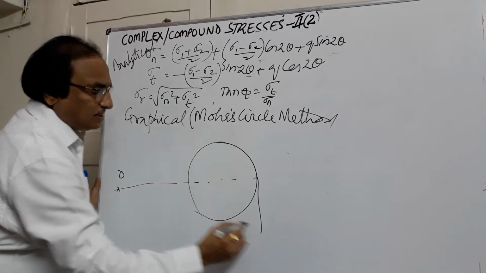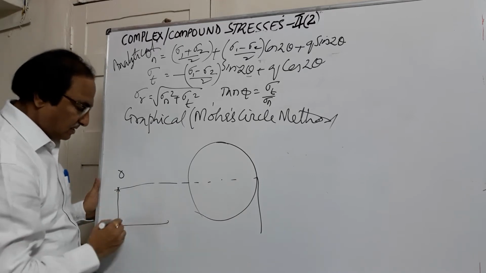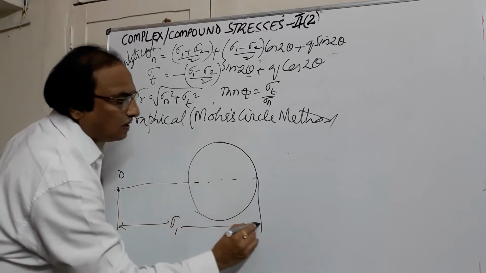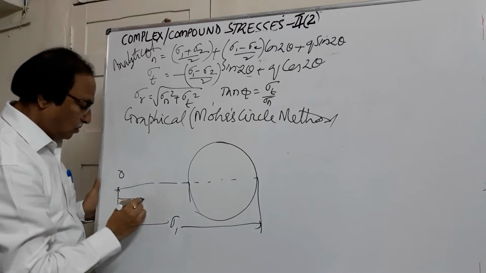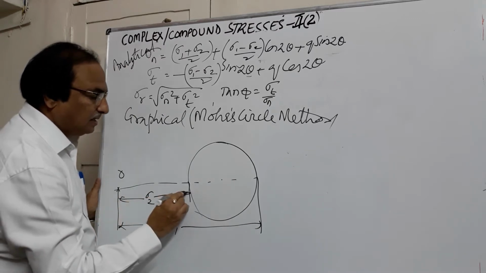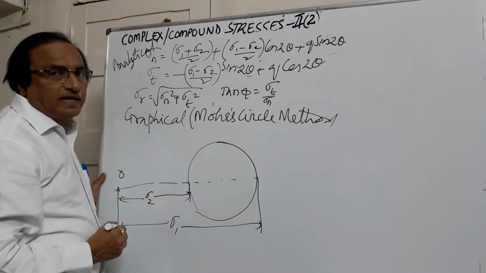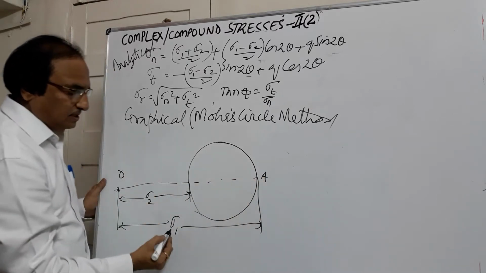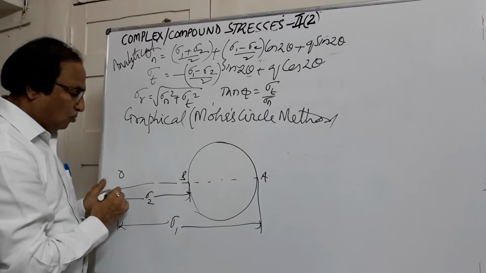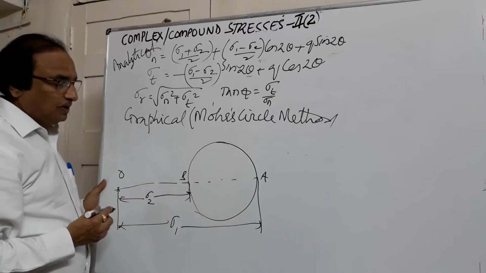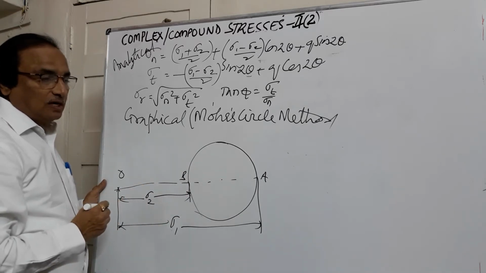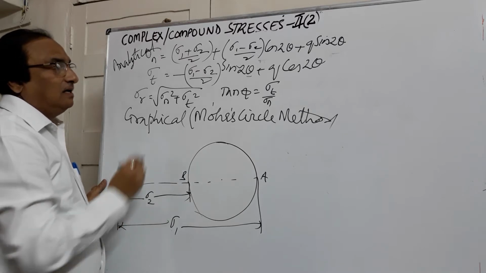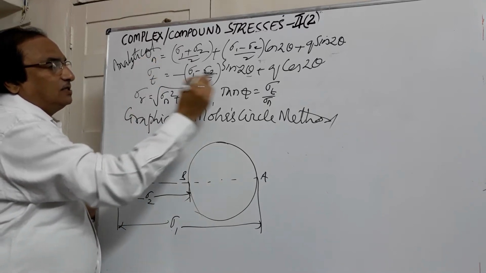I mark the given stresses sigma 1 and sigma 2 according to some scale: OA represents sigma 1, and OB represents sigma 2.